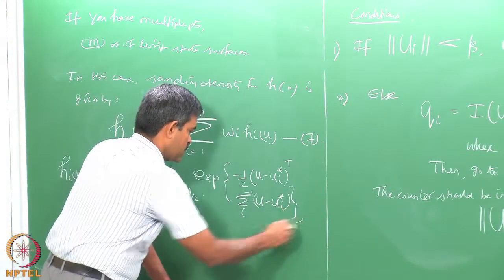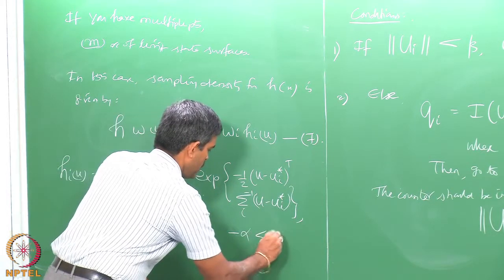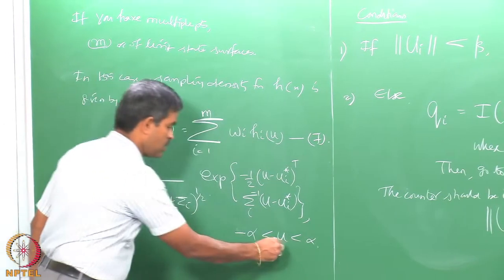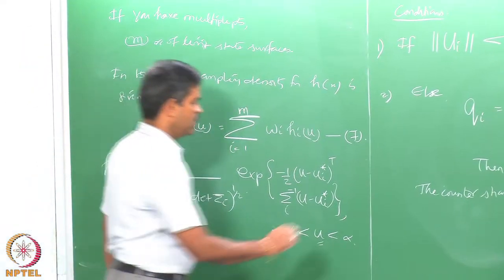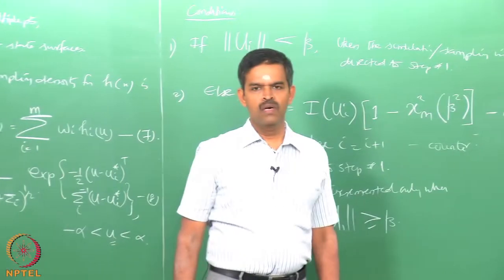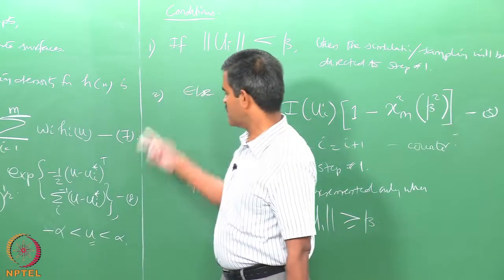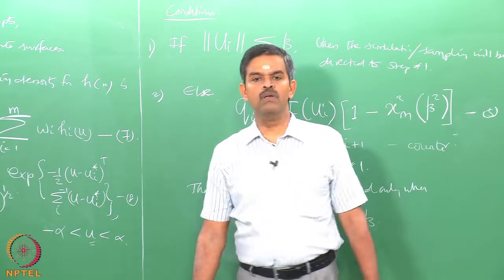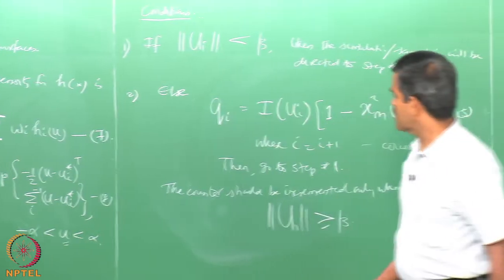The condition is minus alpha less than u less than alpha is the range within which the sampling value of the density function will be chosen. So, equation 8. One can easily see here the above set of equations 7 and 8 gives multivariate normal PDF with mean vector u I star.